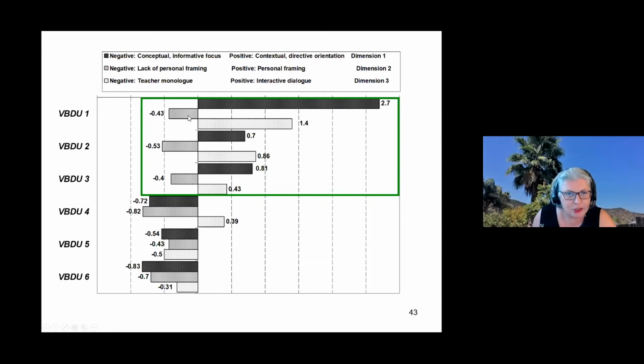Then on dimension 2, there's lack of personalized framing. In fact, that's true for all of these together. And then it's kind of interactive, dialogic, the first unit. The second unit follows a similar pattern, third unit, similar pattern.